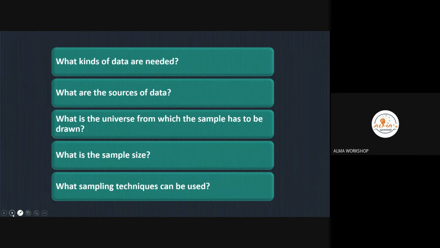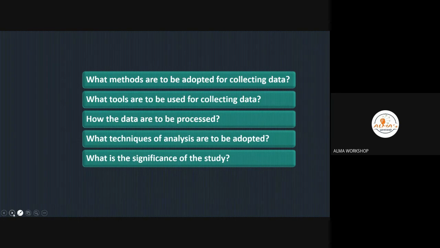What are the sources of data, and from which population, otherwise called the universe, are you trying to pick out the sample, and what is the sample size, and what is the sampling technique you are going to follow, and what are the methods to be adopted while collecting the data, and what are the tools that are available for the data, and how we are going to process the data. It is through the statistical analysis. And what are the techniques to be used for analysis of data. All these are the units which we are doing in your research.